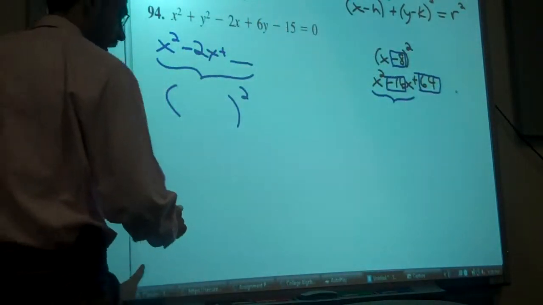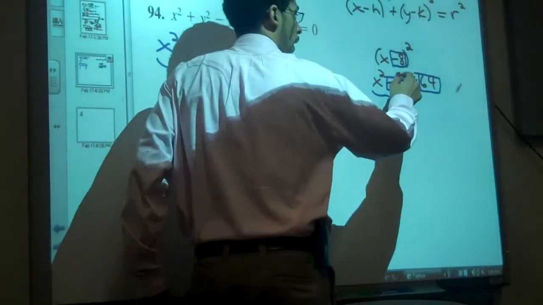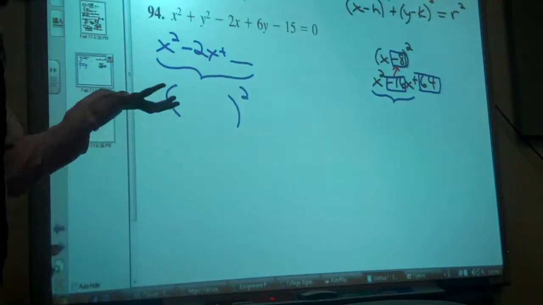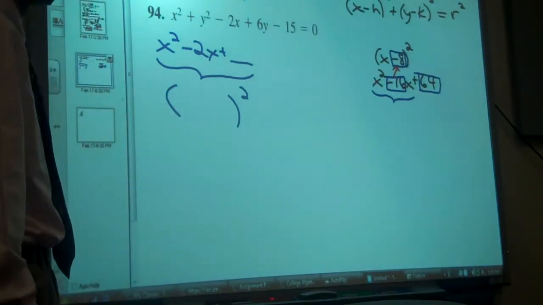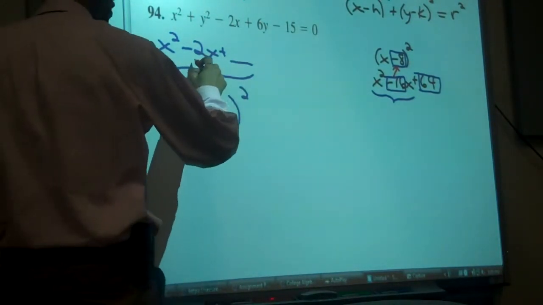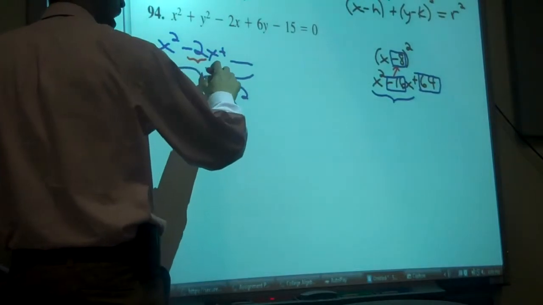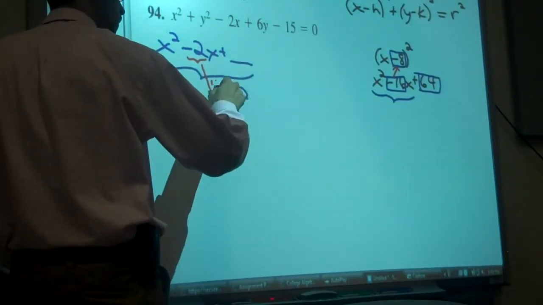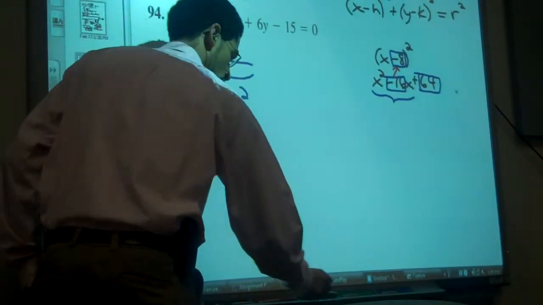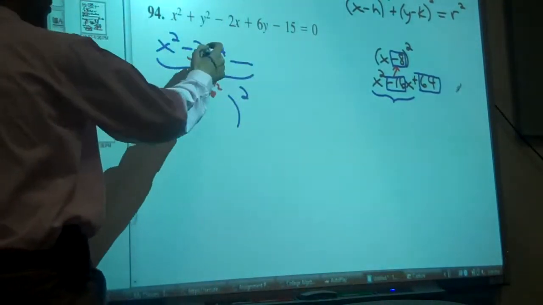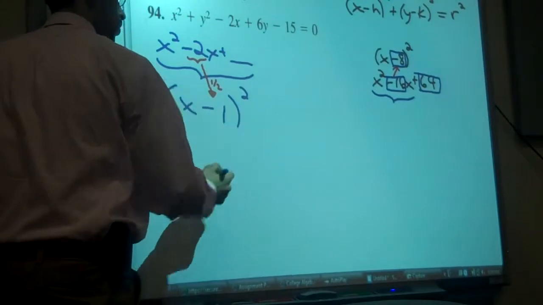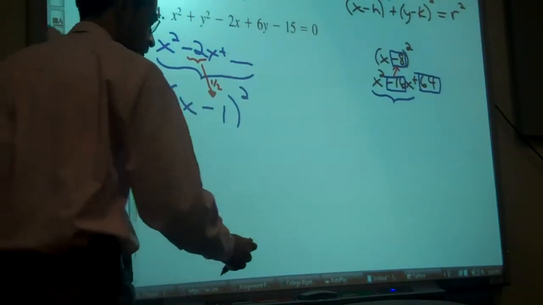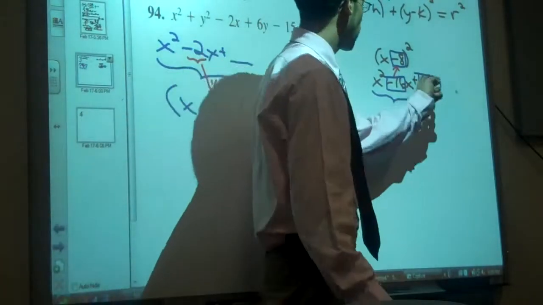And the relationship is that whatever's in this spot, the number that goes in that spot is just half of it. So whatever's here, we take half of it, and that's what's going to go in there with the perfect square. So half of negative 2 is a negative 1. So it's x minus 1. Well, that's what our perfect square is. Well, how do we get that 64?